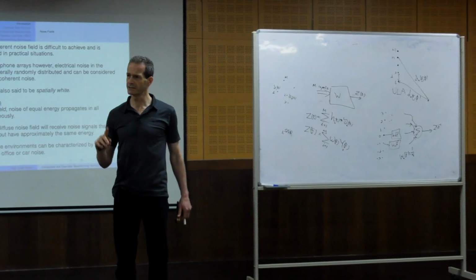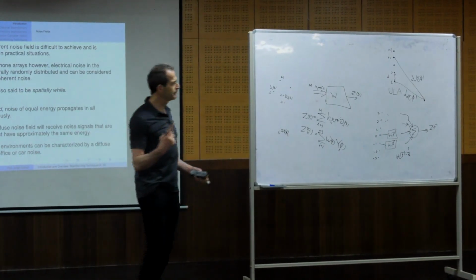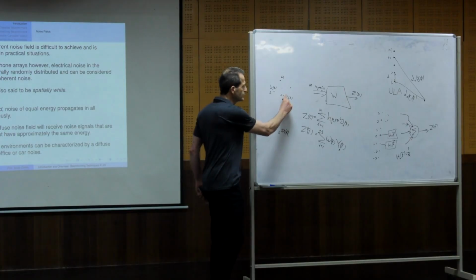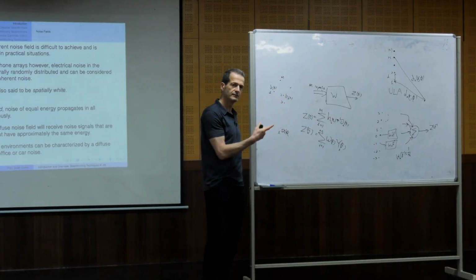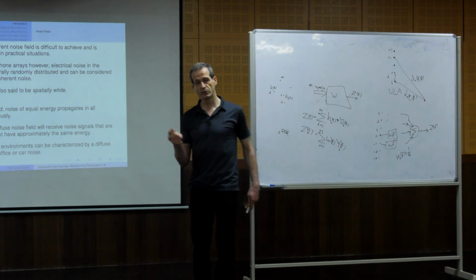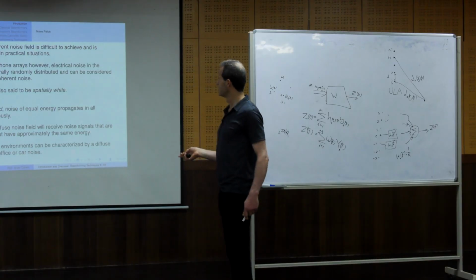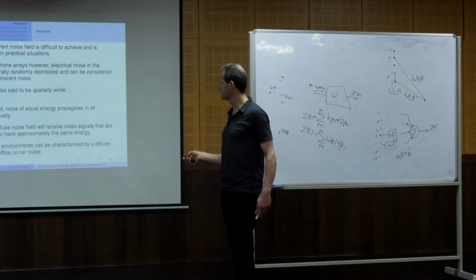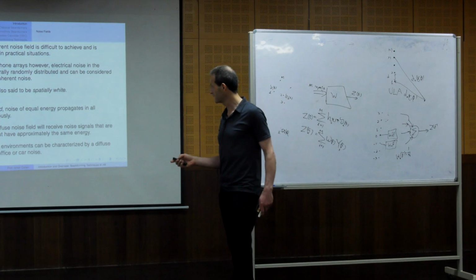For low frequency, will the correlation between signals be higher or lower compared to high frequency? Higher, okay? So for low frequency, the coherence for diffuse noise between two sensors will be higher.